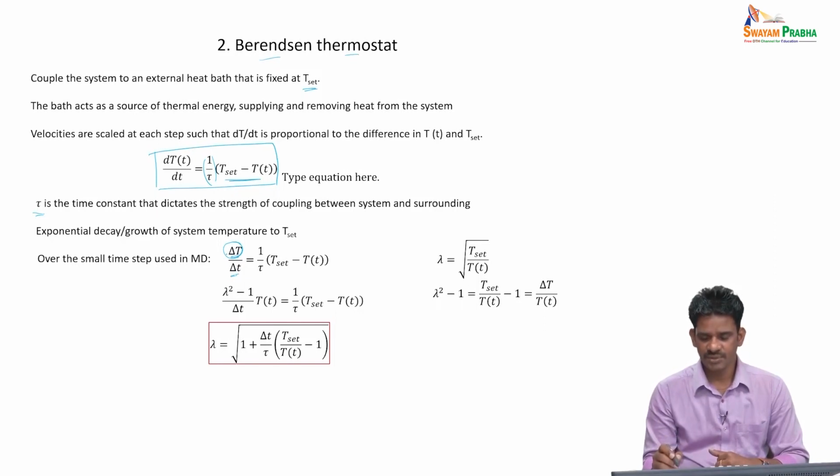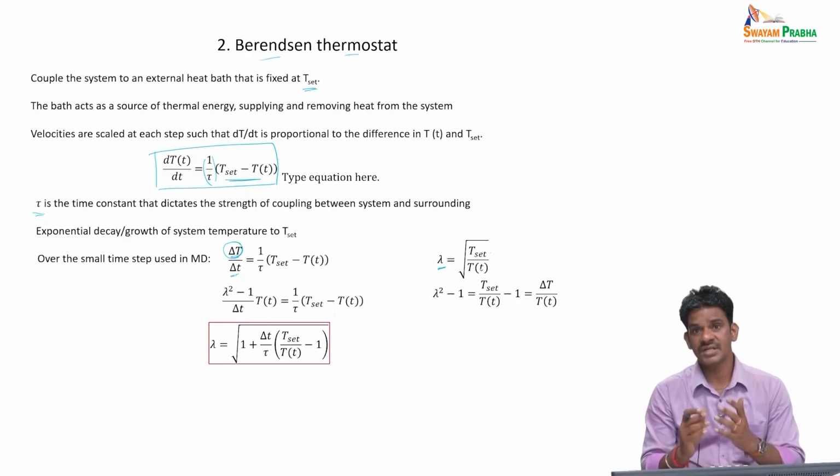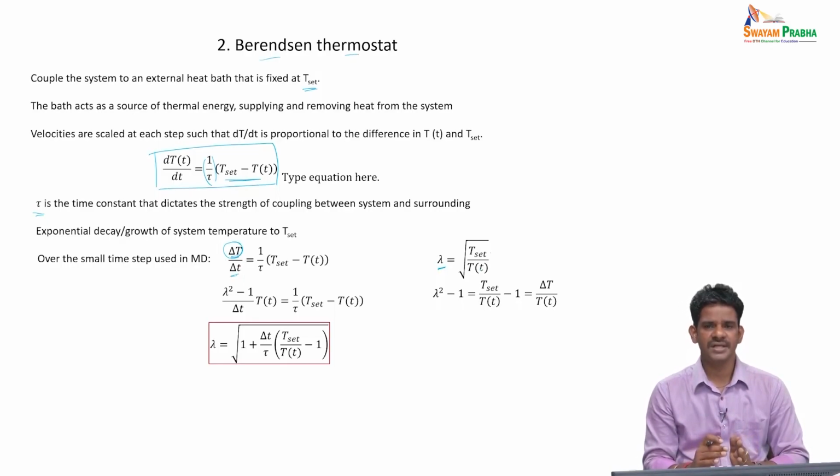We just saw in the previous velocity rescaling method that this scaling factor lambda has to be proportional to T set by T, to reset the temperature in one step. But in Berendsen's thermostat, we are not going to do this resetting in a single step, but rather we are going to do it very slowly and gradually, and the rate at which we do it is given by this time constant tau.